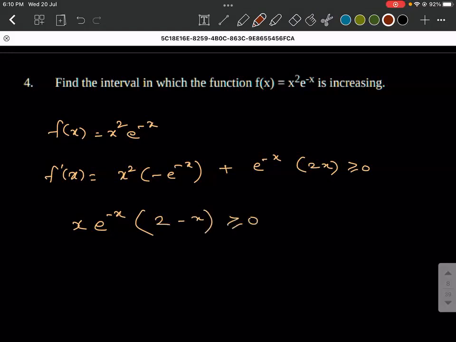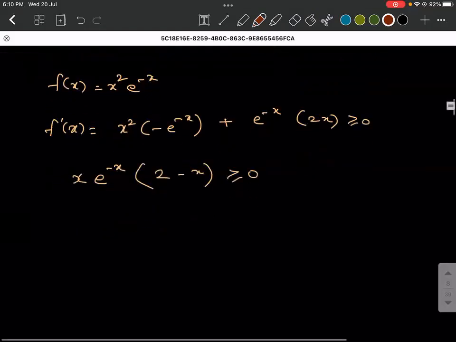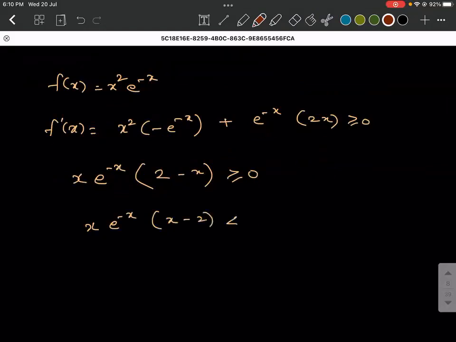Is this right? Right? So can I write this as x into e power minus x into x minus 2 is less than or equal to 0? I've taken the minus sign outside, inequality changes.